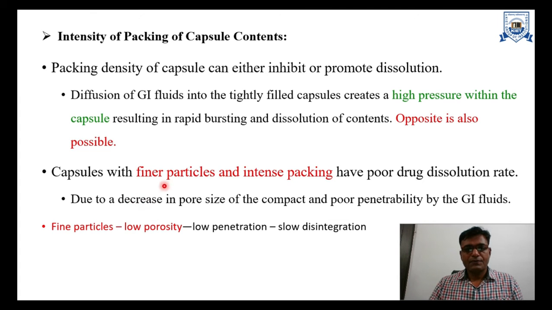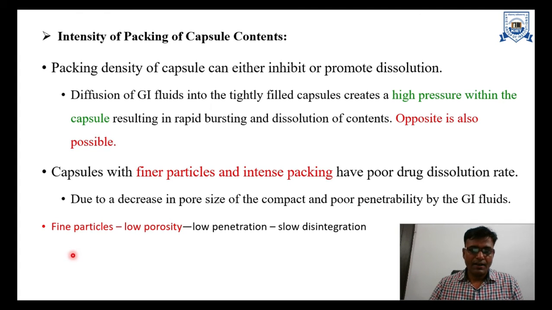Now a capsule with finer particles and intense packing has a poor drug dissolution rate. Meaning if the capsule contains fine particles, then it may decrease the dissolution rate. How? Due to the decrease in pore size. If we take fine particles, then pore size will decrease, giving poor penetrability of GI fluids.